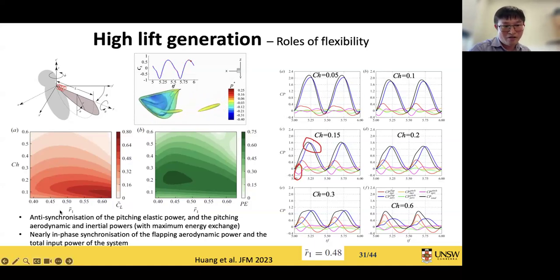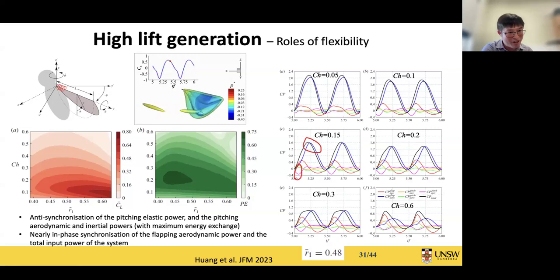Now, why are they optimal here? We found that during the optimal performance there are a few synchronizations. For example, anti-synchronization of the pitching elastic power and the pitching aerodynamic and inertial power, and also nearly in-phase synchronization of flapping aerodynamic power and the total input power of the system.